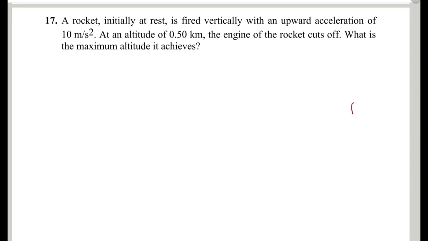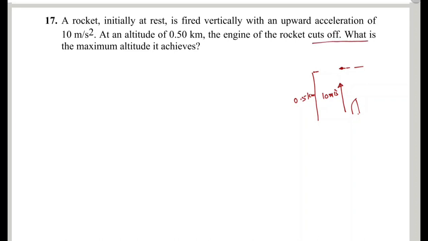Now we have a rocket here, it's fired upward in this direction with acceleration 10 meters per second square, and it reaches 0.5 kilometers height. After that, the engine of the rocket cuts off, which means after that the object is moving as a free falling object. Now the question is, what's the maximum altitude it achieves?